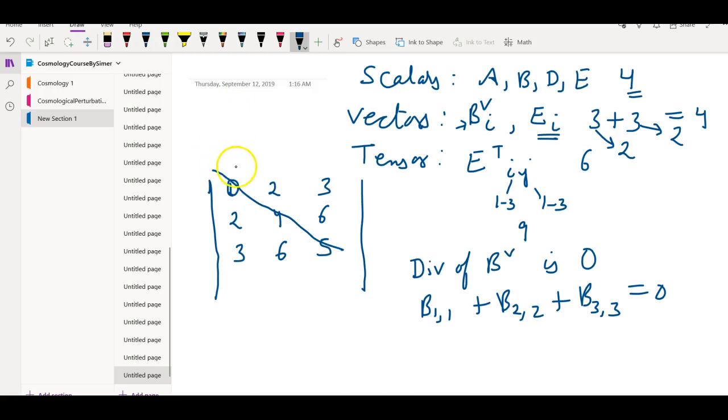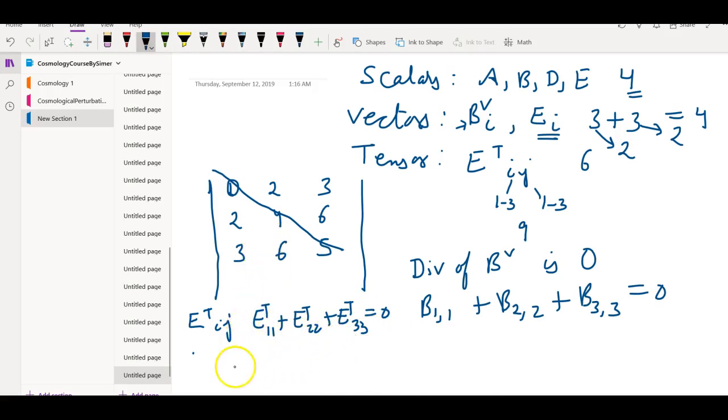So that is the first constraint on this, that this is 0. So one constraint is that the trace, E_T11 plus E_T22 plus E_T33 equals 0, and that is constraint 1.